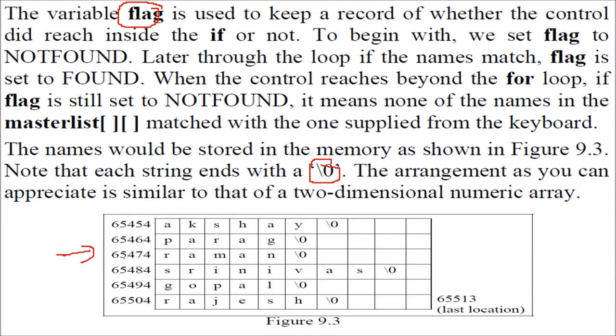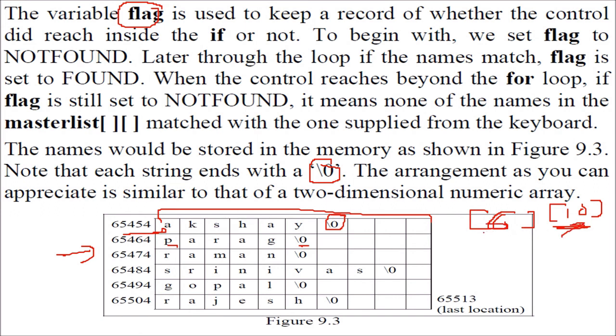If you see the proper scenario of how this two-dimensional array which we have initialized is stored, we start with A, we end with \0. Again we start with P, end with \0, and this is how. One thing needs to be observed here: we have assigned 10 bytes. This was 6 and this was 10. So 10 bytes are assigned for each and every name, whether it is 10 characters or not.